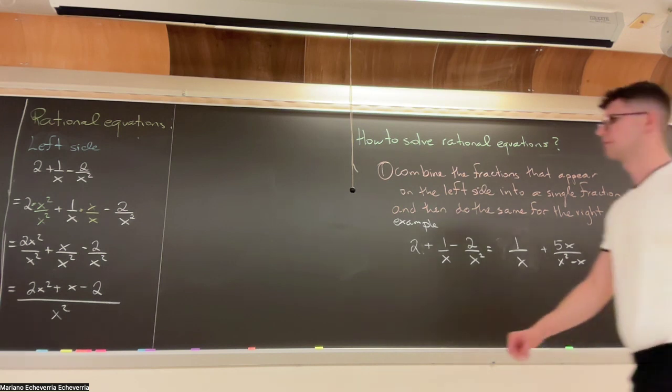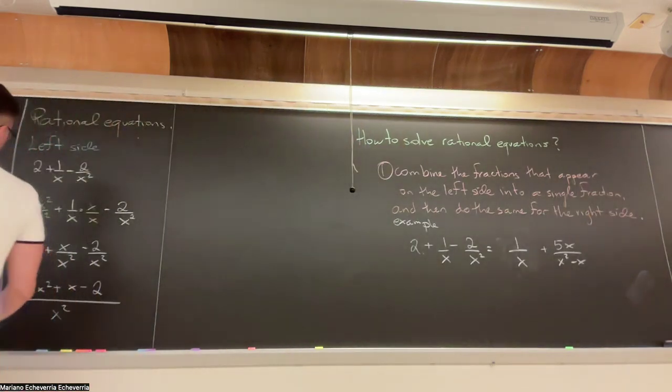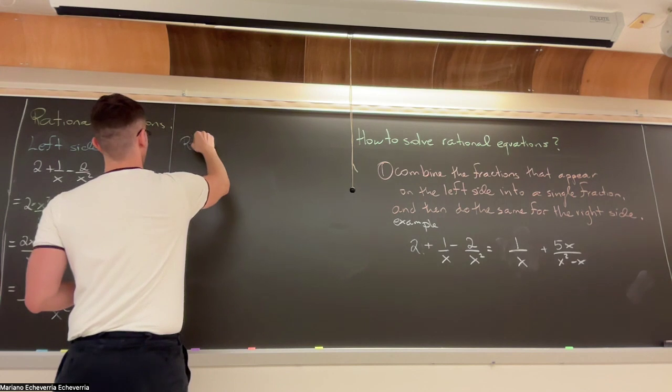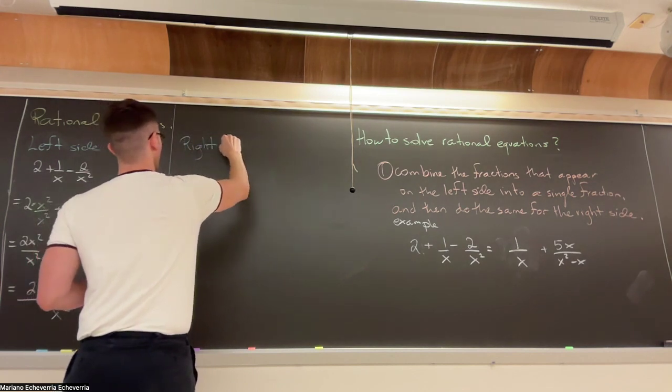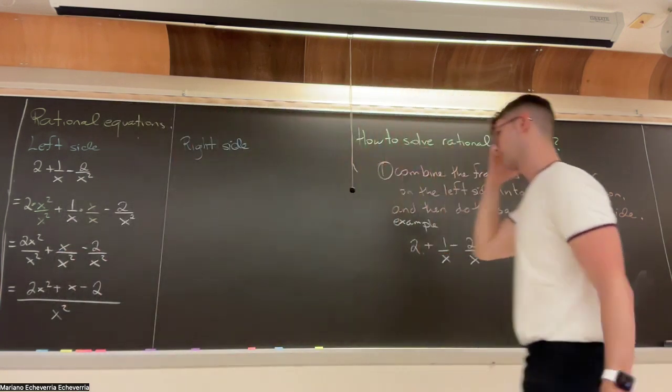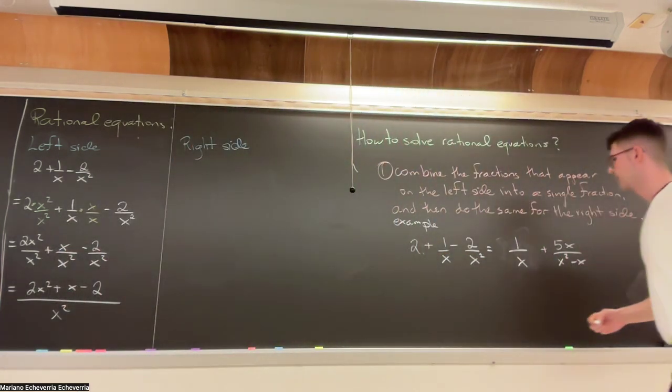Now let's look at the right side of the equation. The right side is 1 over x.